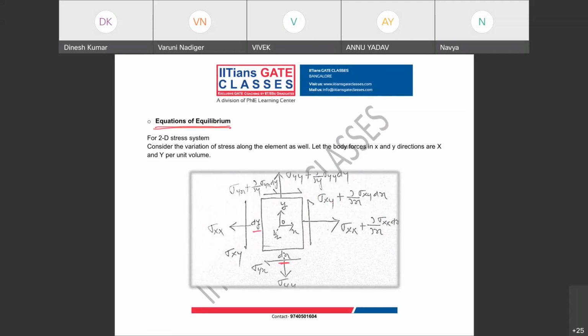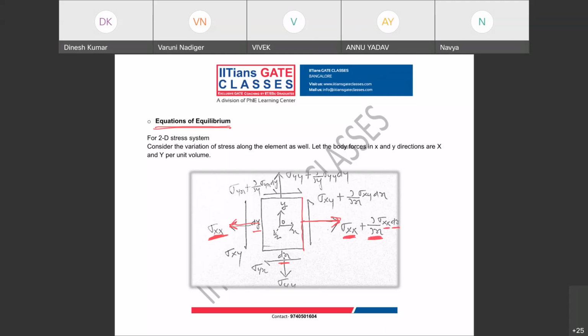Suppose on this face my normal stress is sigma xx. From the Taylor series expansion, the normal stress here will be sigma xx plus dou by dou x of sigma xx into dx. So it is the initial value plus the change with respect to that direction.